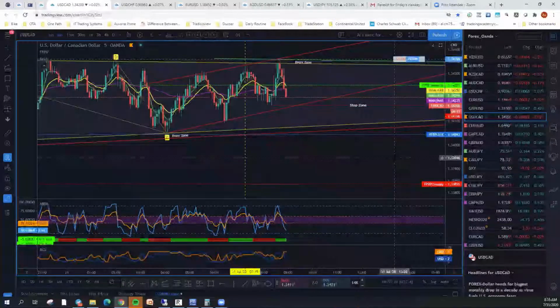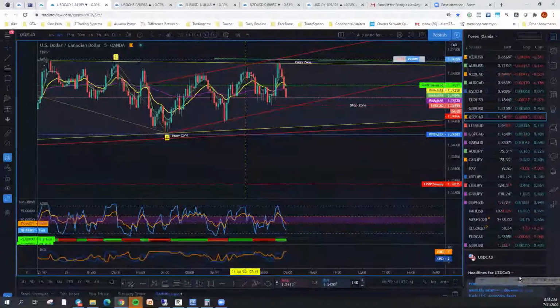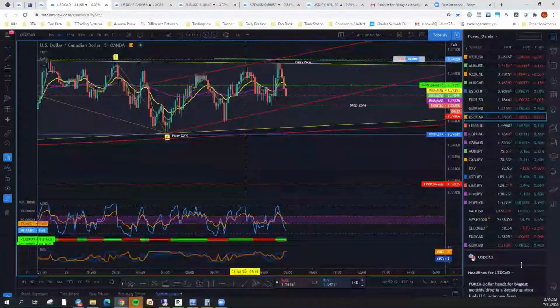Did you notice your headlines at the bottom right there where it said the dollar has its biggest monthly drop in decades as virus fuels U.S. economy fears? That's what we were talking about earlier.